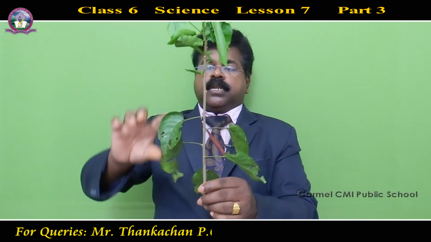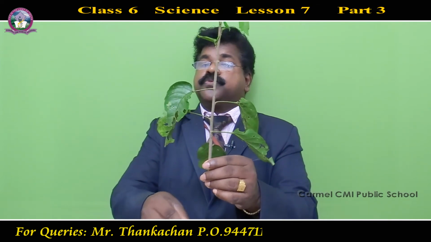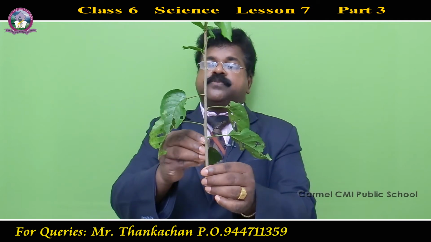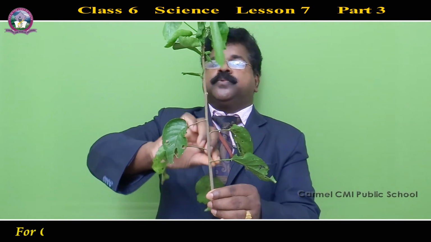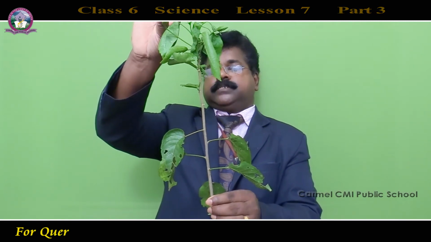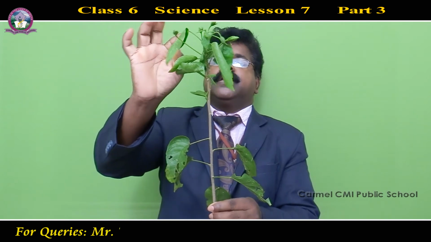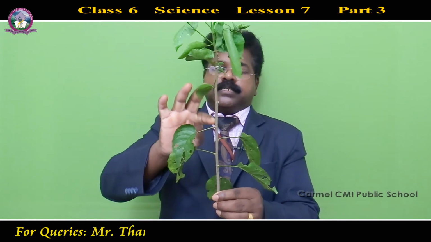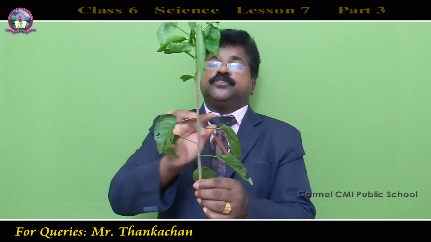The water is taken from the soil by means of roots, and that water is transferred by means of the stem. So water is transported towards the upper part, whereas the prepared food from the leaf will be transported towards the lower part also. So we can say the stem acts as a two-way traffic.